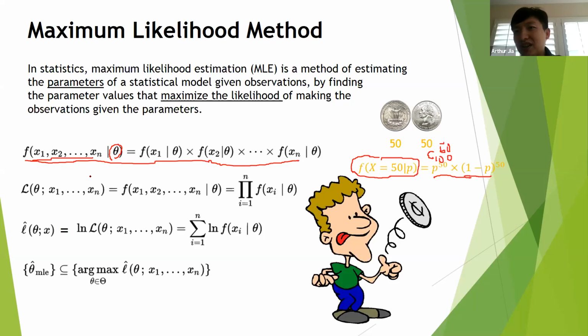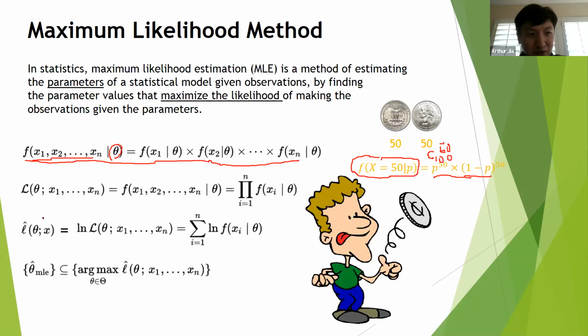What's the joint probability you're going to get this series of outcomes? That's the joint probability, not the likelihood function. The likelihood function is the probability of the parameter given the data, reversed.